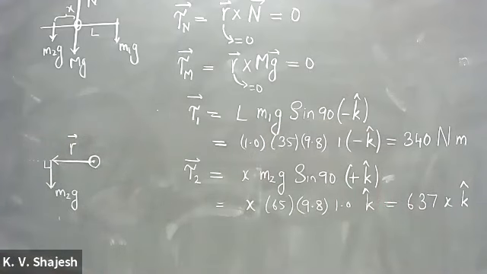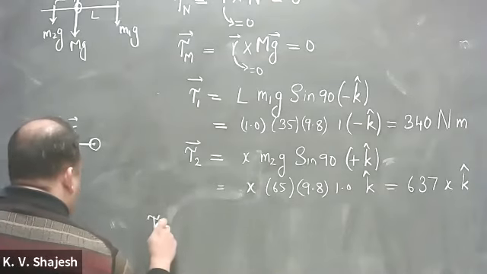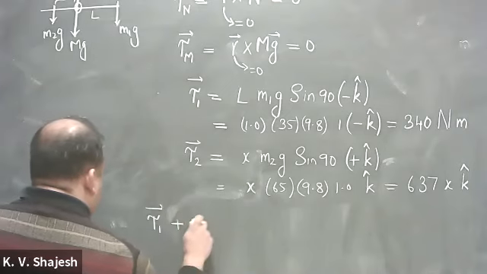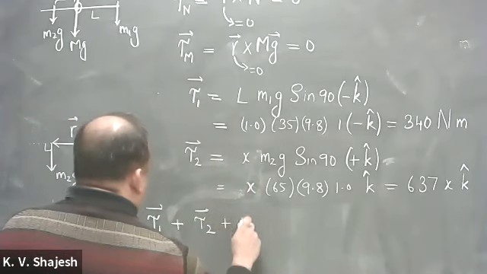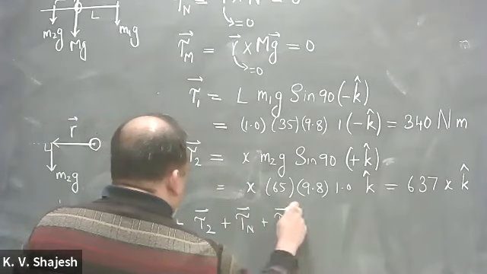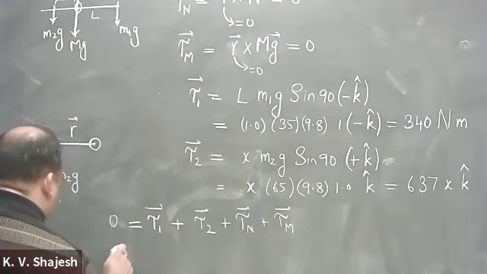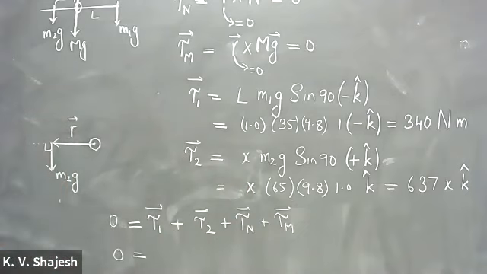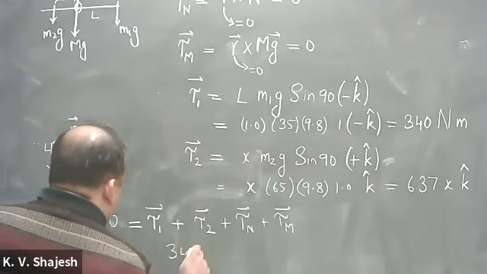Now here is Newton's law for rotation. All the torques have to add up to 0 since this is not moving, just like all the forces have to add up to 0. Torque 1 plus torque 2 plus the torque due to the normal force plus the torque due to the plank has to be equal to 0. That means these two are already equal to 0. So we have 0 equal to torque 1, which was 340. Oh, I messed up there.